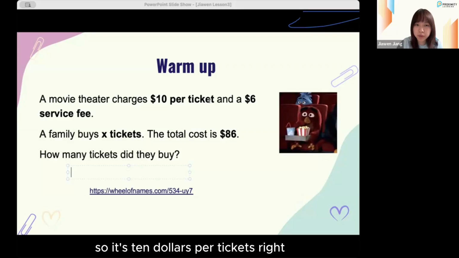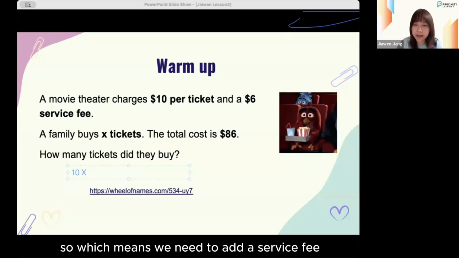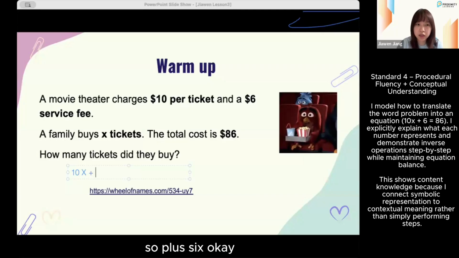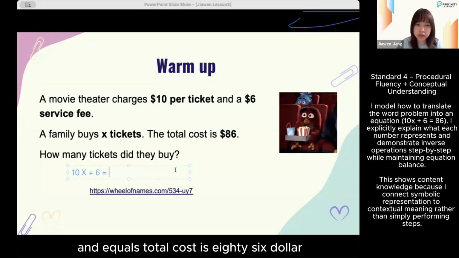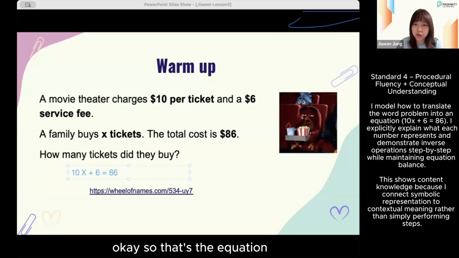It's $10 per ticket, right? And we bought x tickets, so 10 times x. And we also have a service fee, which means we need to add a service fee. So plus 6, and equals the total cost, $86. So that's the equation.